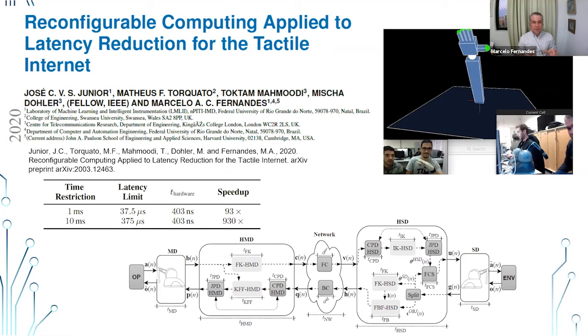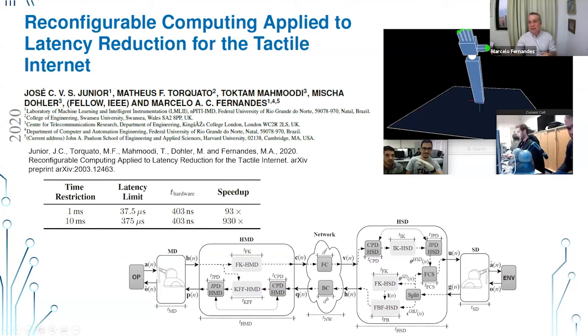The problem with the tactile internet is latency, because you cannot have a big latency. In this case, we are using hardware accelerators to reduce the latency in the device. Of course, we have latency in the network, but we use a hardware accelerator in the master device and in the slave device.